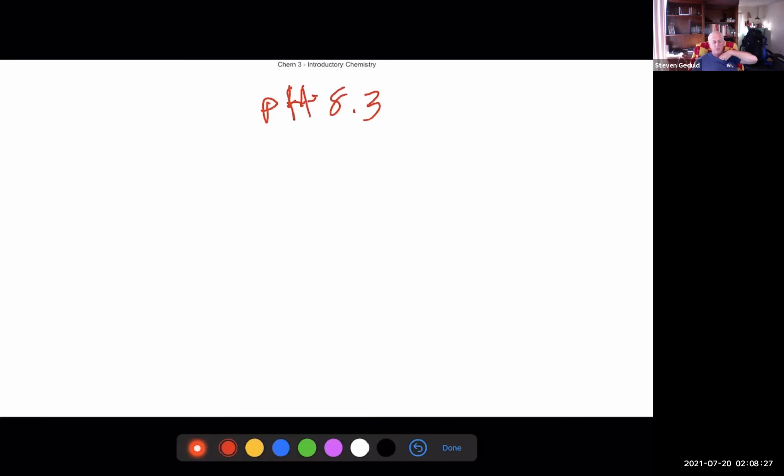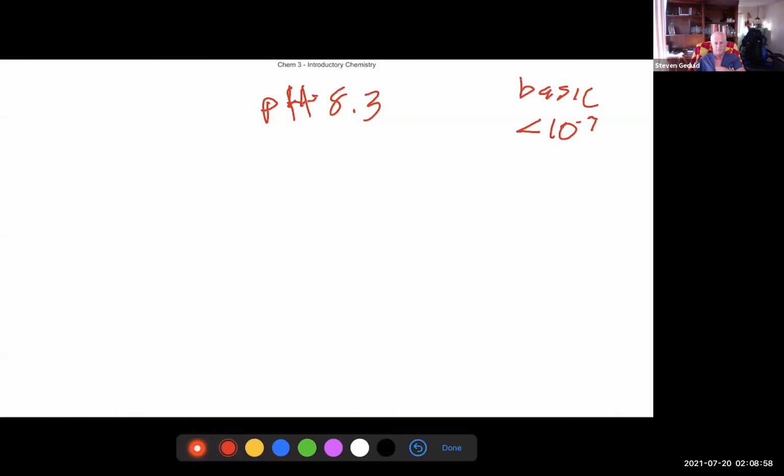The H plus concentration has to be less than 10 to the minus 7. This pH is 8.3, so this has to be basic, so it has to be less than 10 to the minus 7. Because if it's greater than 10 to the minus 7, it's acidic. So your H plus concentration is going to be less than 10 to the minus 7.